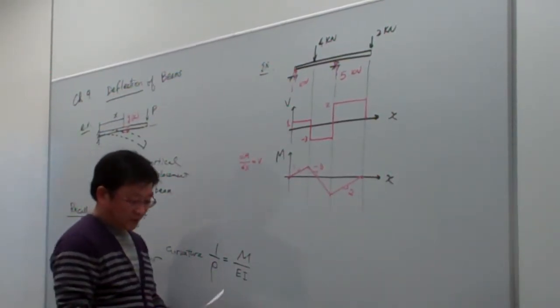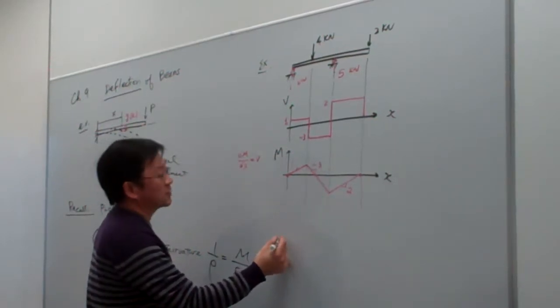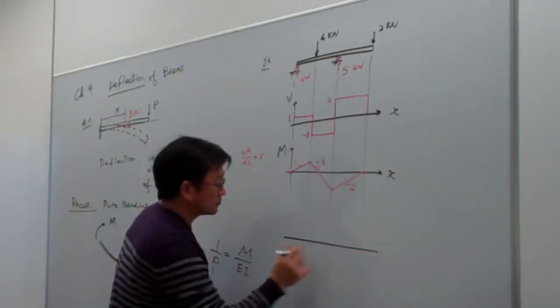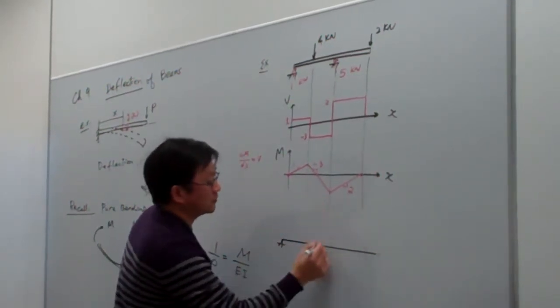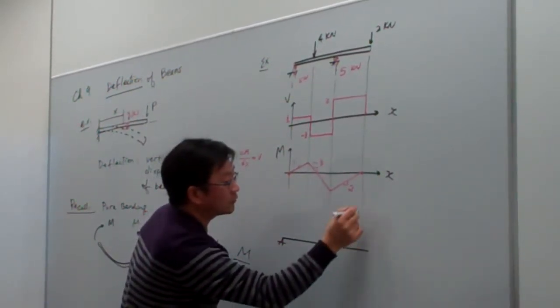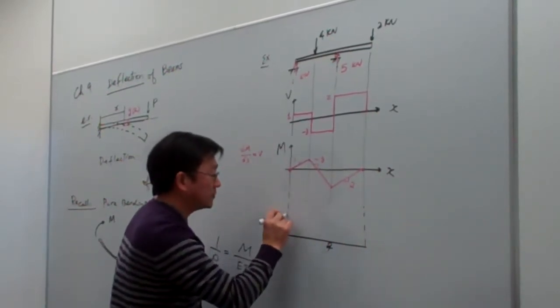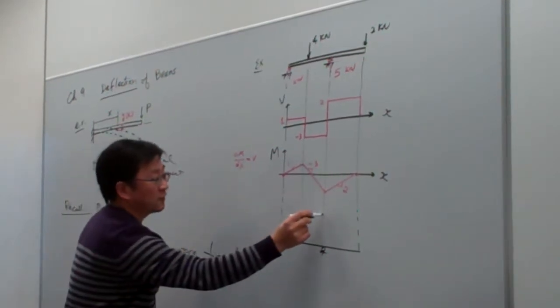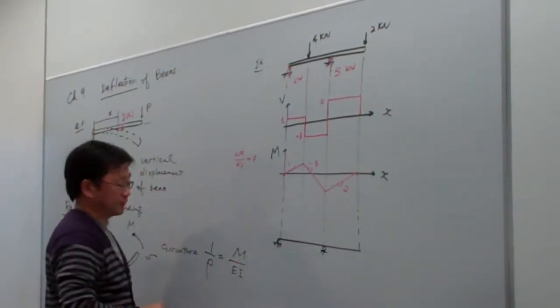So here I can show you schematically the deflection of the beam. This is our original problem, and the deflection of the beam would be like this.